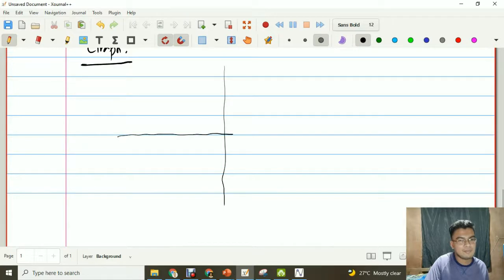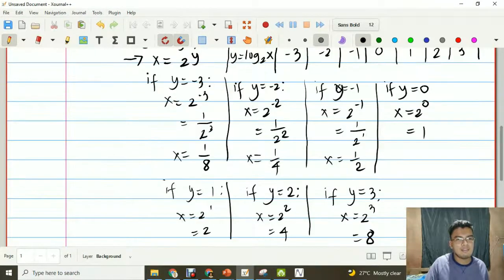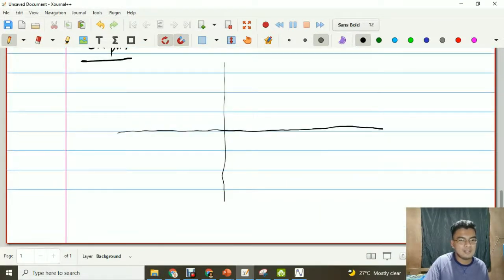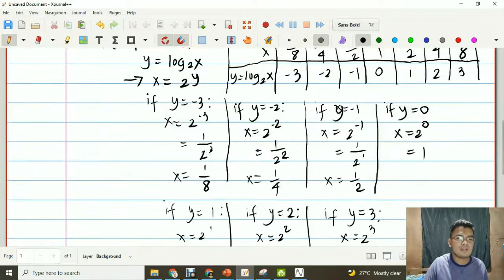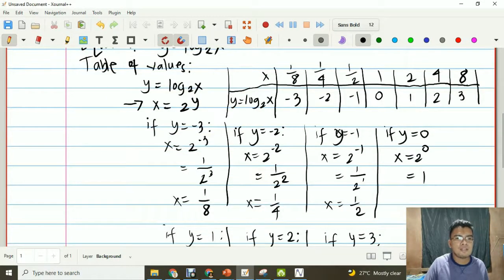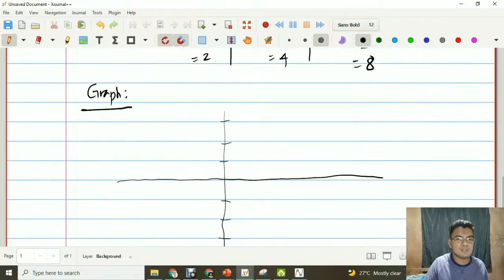And then our y values are from negative 3 to positive 3. So this will be negative 1, negative 2, negative 3, and then 1, 2, and 3. For our x values, 1 over 8 up to positive 8.